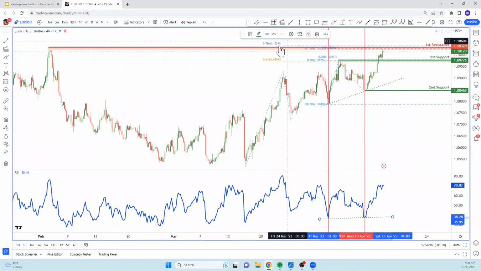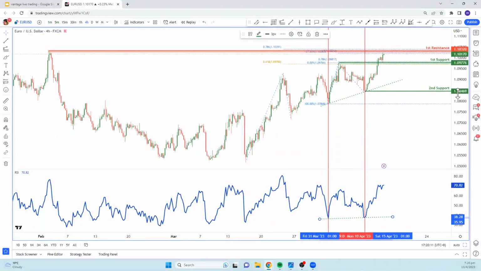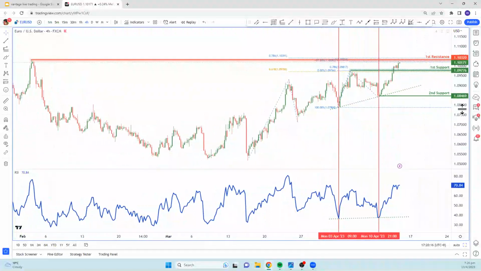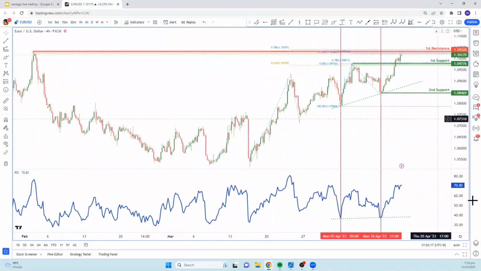So this could be a signal that price would drop. And we call this a bearish divergence.